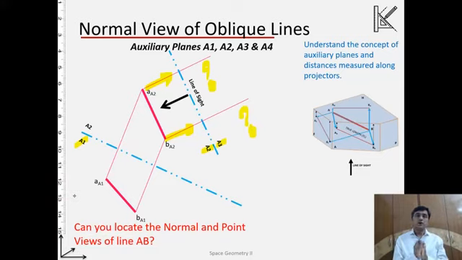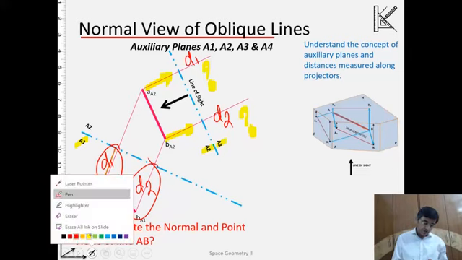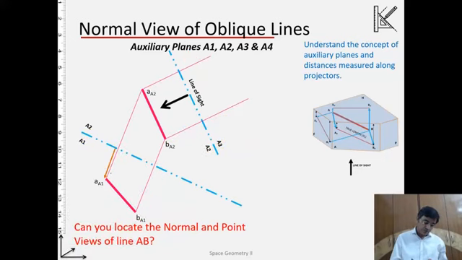Okay, this is what we have to do, and what we do in that case, we measure the distances from A1. So I will take these distances as D1 and D2 and put them here, D1 and D2, in order to locate the line. So let us do it. And if you do it, so here is the distance which I will apply here.